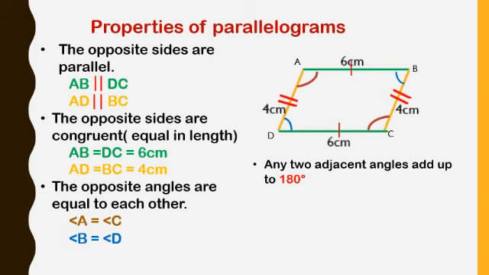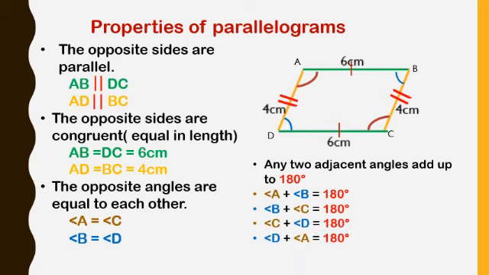So here adjacent angles are angle A, angle B; angle B, angle C; angle C, angle D; and angle D, angle A. So we can write angle A plus angle B equal to 180 degrees, angle B plus angle C equal to 180 degrees, angle C plus angle D equal to 180 degrees and angle D plus angle A equal to 180 degrees.